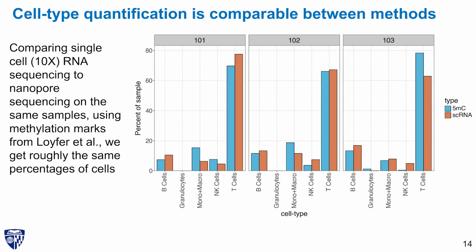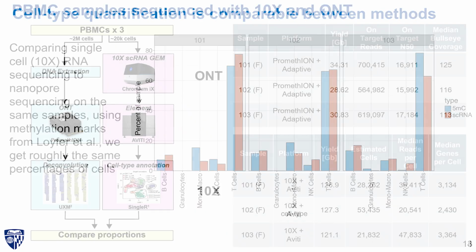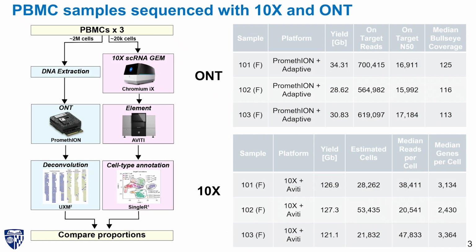He can actually distinguish them, and they sort of agree between methylation and single-cell RNA, not perfectly, but you might say, well, the single-cell RNA had tens of thousands of cells, and the nanopore sequencing only had about 100x coverage. So it could be a bit of a sampling error there.